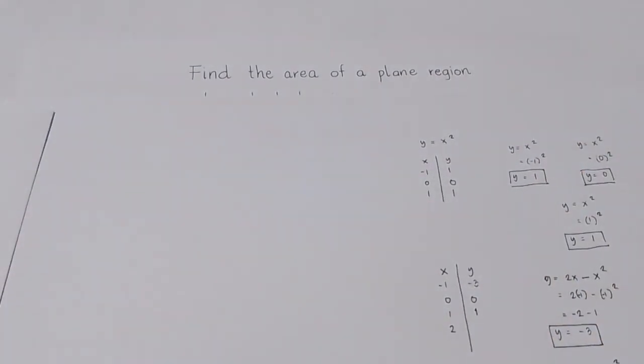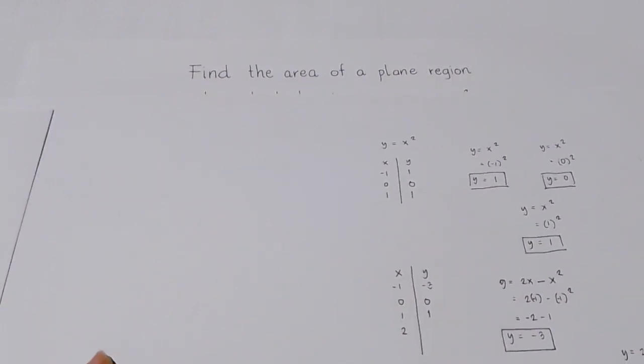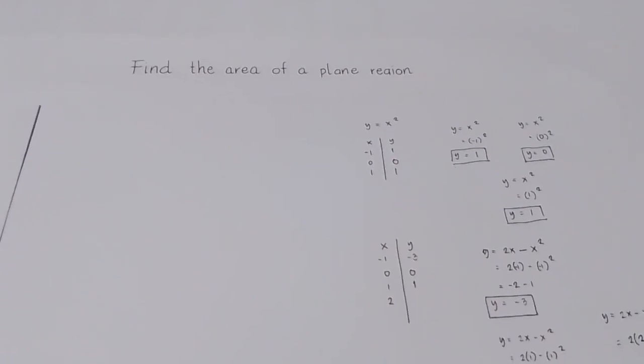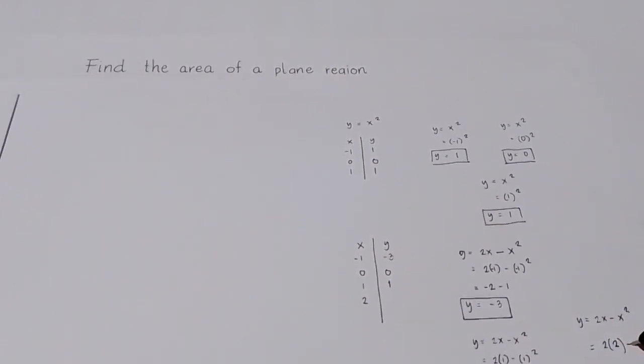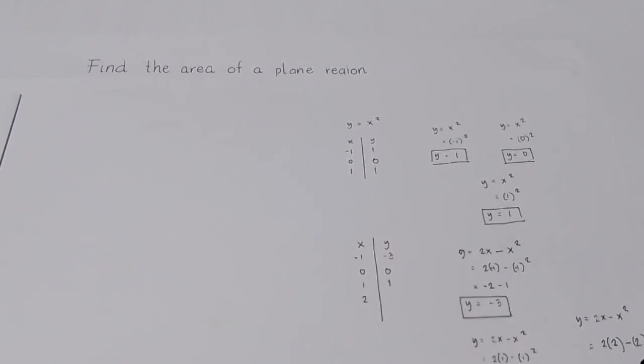And for x is equal to +2, we have 2 times 2 minus 2 squared. 2 times 2 is 4 minus 2 squared is 4.